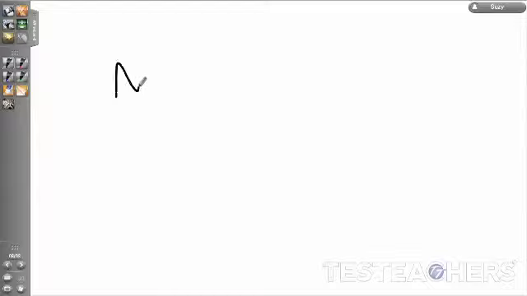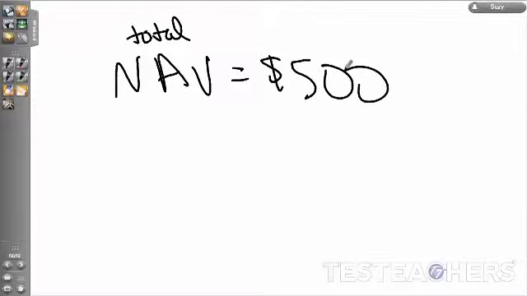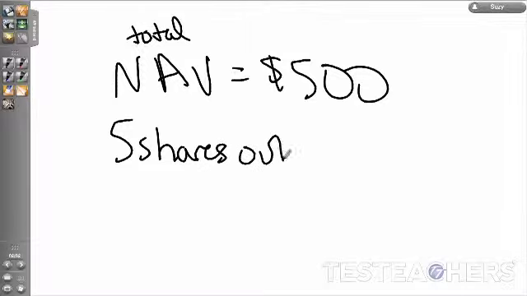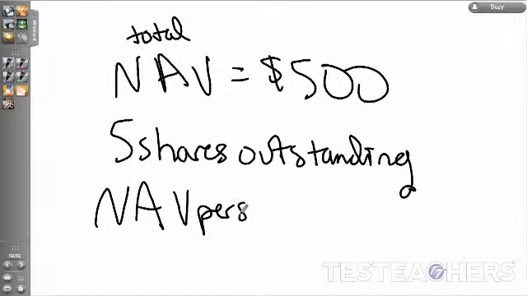Let me give you an example. Let's say we have a total NAV of $500, the smallest mutual fund in the world. We have 5 shares outstanding. So NAV per share must be $100.